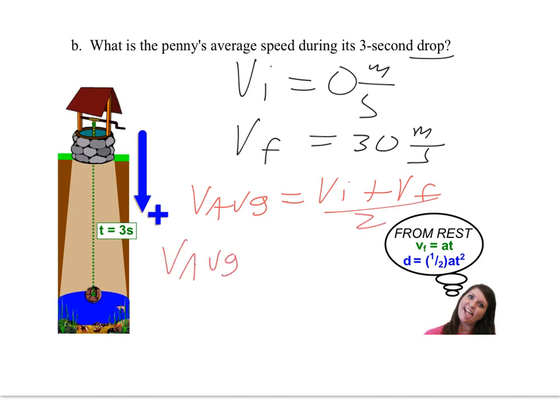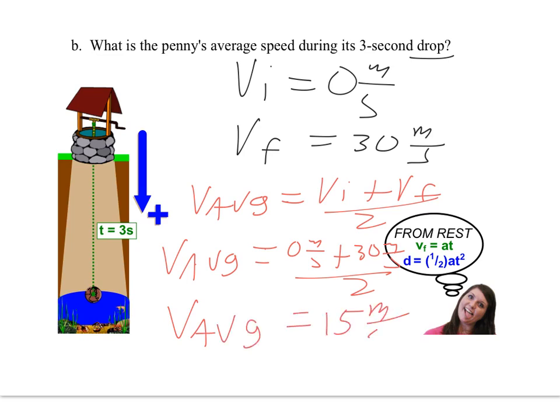Average velocity is equal to 0 meters per second plus 30 meters per second divided by 2, which makes the average velocity 15 meters per second. Hopefully as you're seeing more and more of these, how to calculate these values is becoming a little more second nature for you.